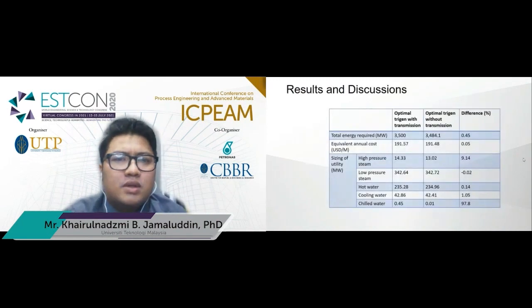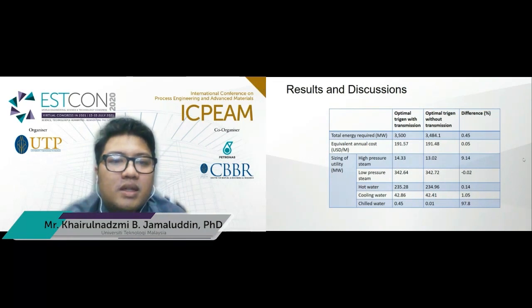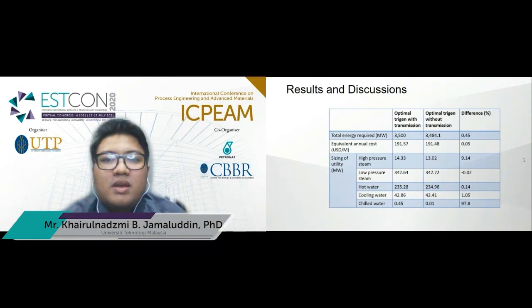So as a result, we can see that the optimal trigen with transmission requires more energy, and also the equivalent annual cost and sizing of utility are much higher as compared with the trigen without transmission.